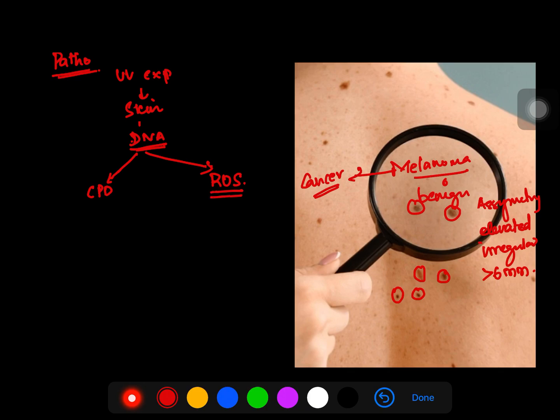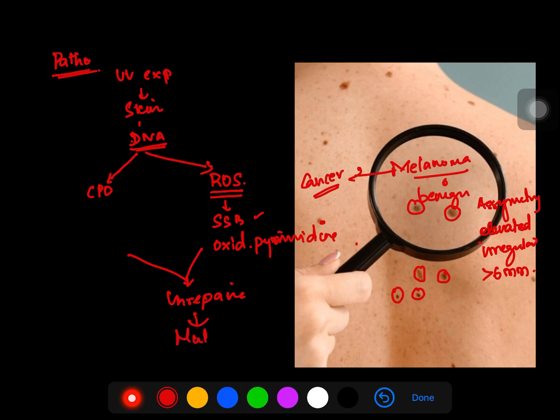These reactive oxygen species can lead to single stranded breaks or formation of oxidized pyrimidines. Hence all these are dangerous products formed in our body as a result of UV exposure. If not repaired, they will lead to mutation.